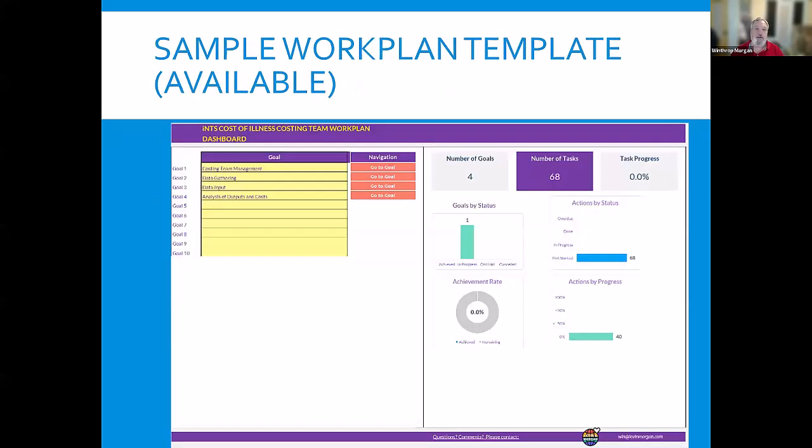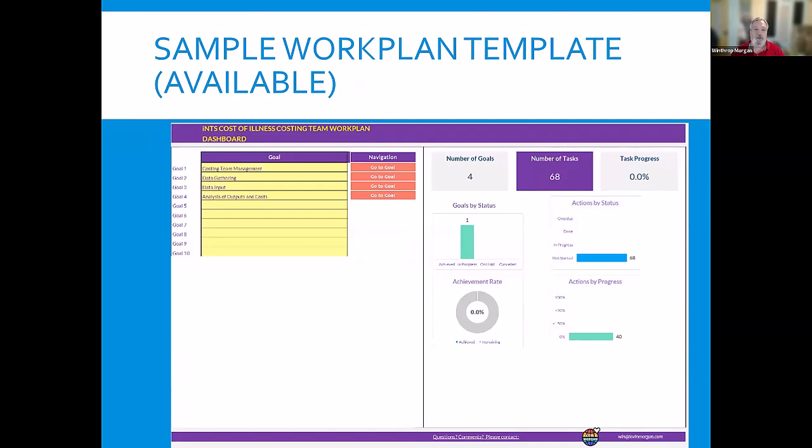And to do that, we had a work plan template, which you may or might not find useful. I'm just showing you a screenshot of it right now. I call it our INTS cost of illness costing team work plan, where we have goals that we put up.